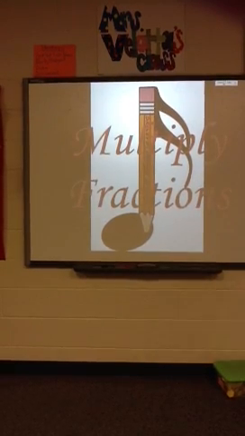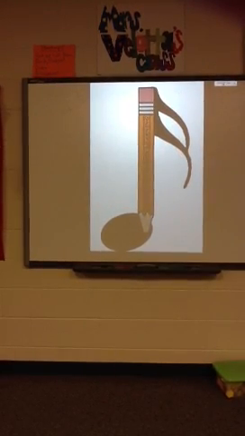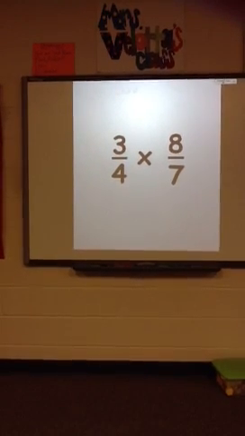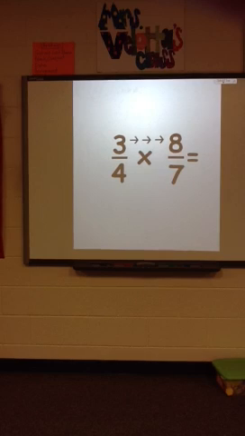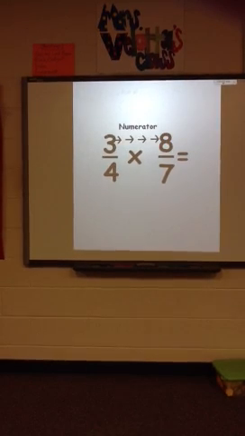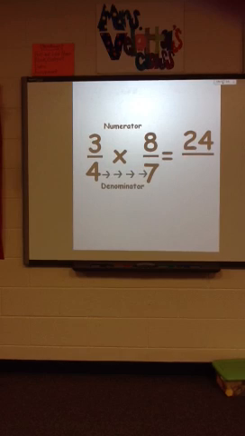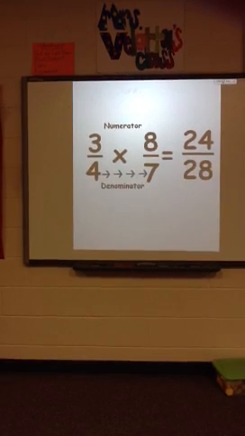Multiply my fractions. Now you take your fractions and line them up side by side. Then the numerator times the numerator, you multiply. Then the denominator times the denominator, you multiply.